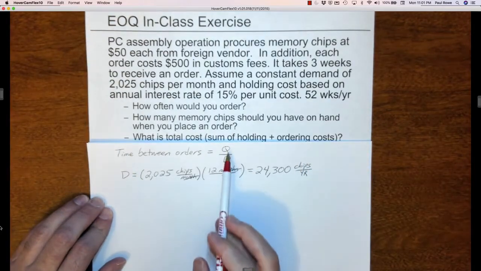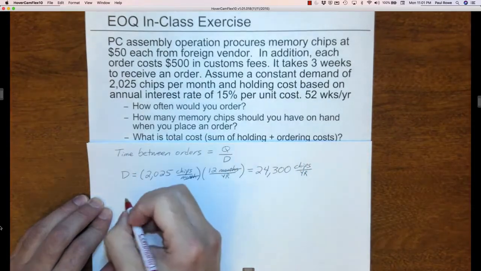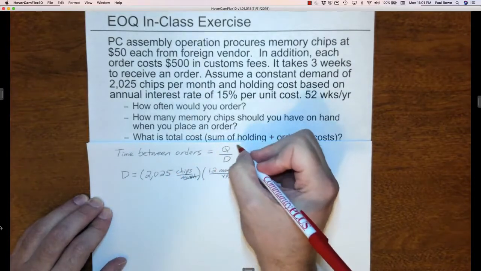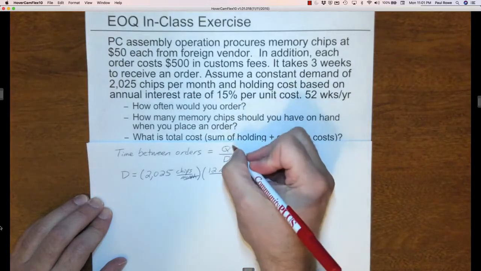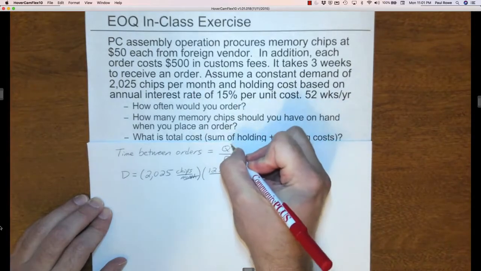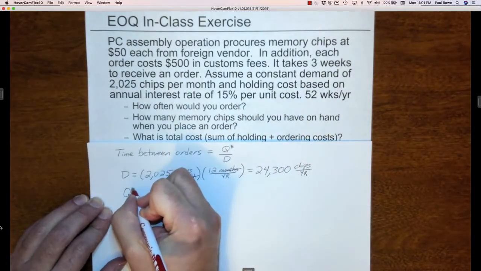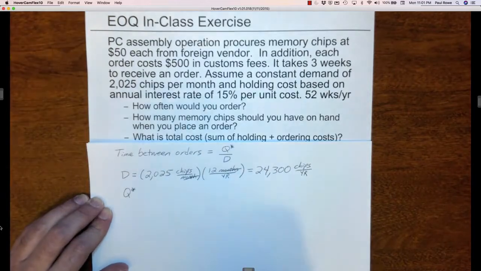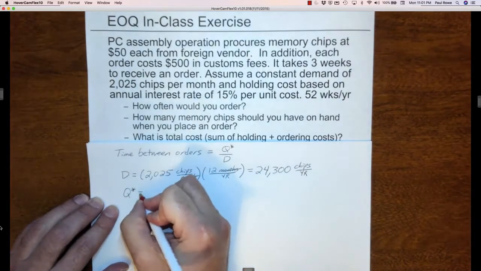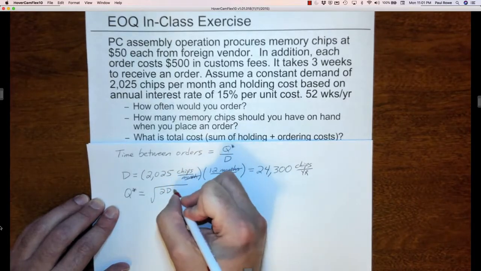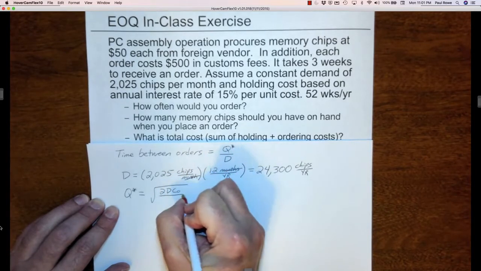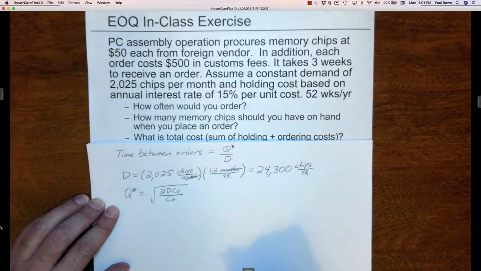So now that we have D, we can focus on Q. And specifically, since this is an EOQ problem, EOQ means that we are looking for Q star. So Q star being a specific value of Q, we know that that formula is 2 times the annual demand times the ordering cost divided by the holding cost.